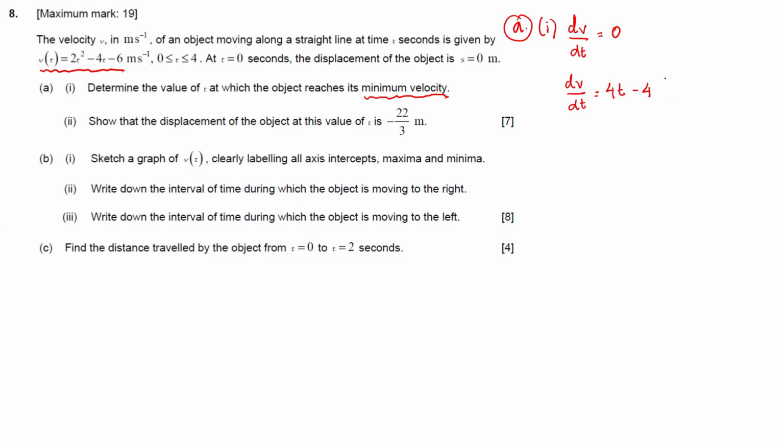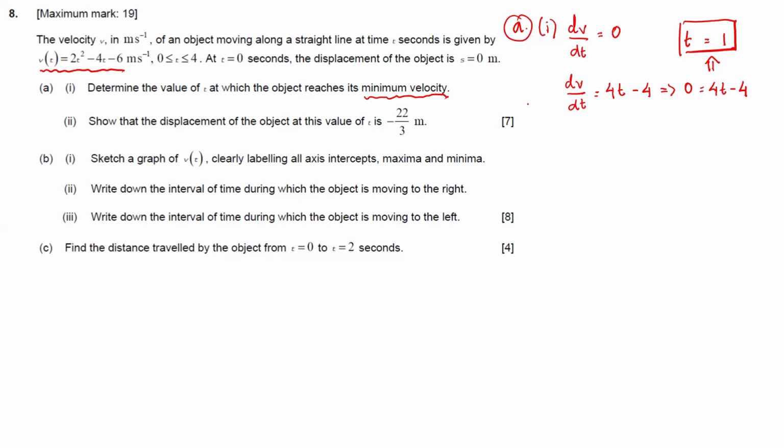Now this should equal 0, meaning we have 0 equals 4t minus 4. And what is our t right here? Basic algebra, t equals 1. So that's the value of t at which the object reaches its minimum velocity.